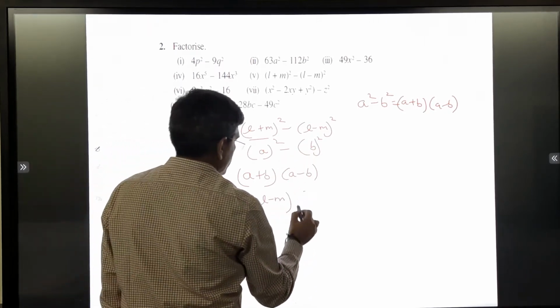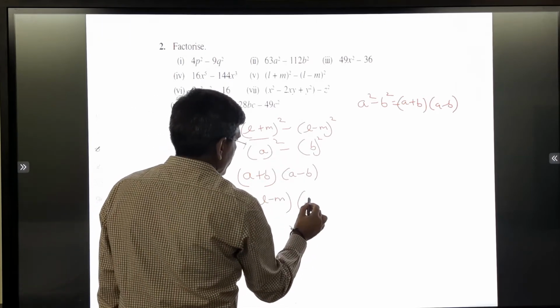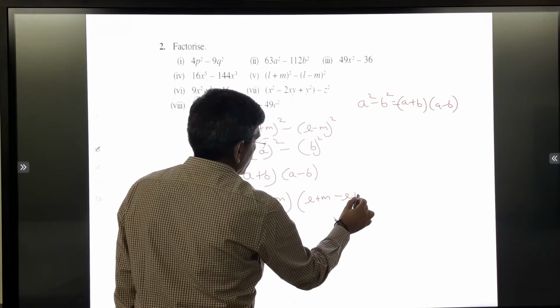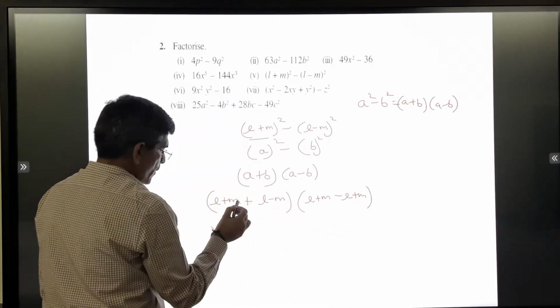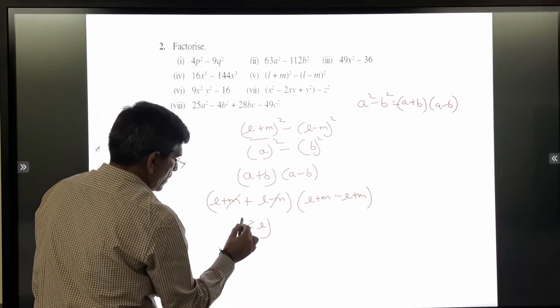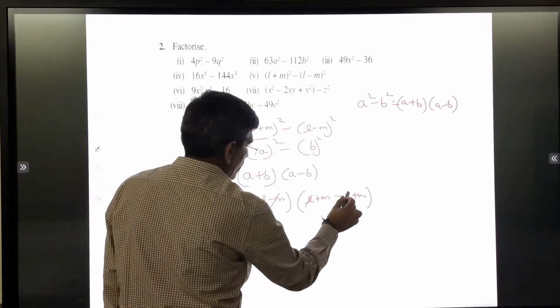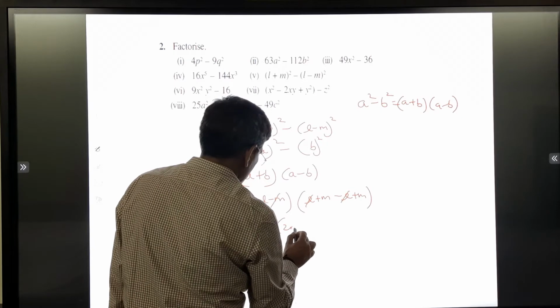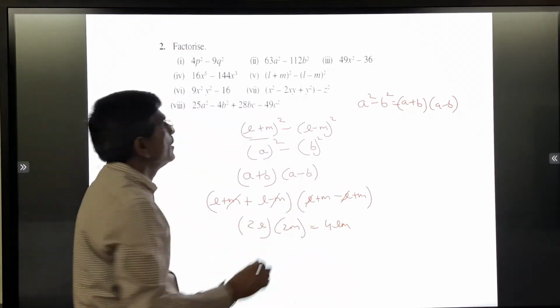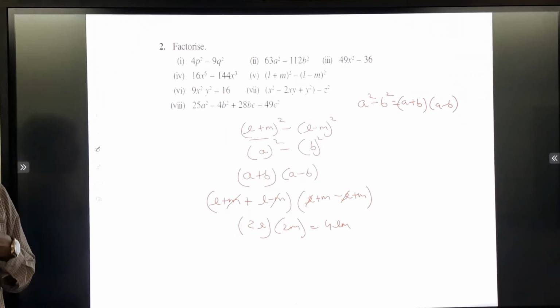So the first bracket is over. In the second bracket, a means L plus m, b means minus L plus m, so m cancels, so 2L. Here L and L cancel, 2m, that is 4Lm. So the answer is 4Lm.